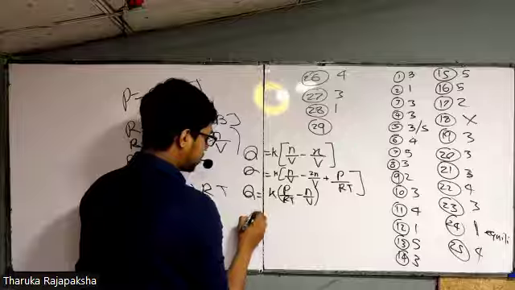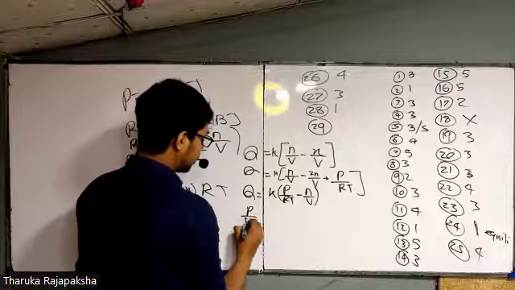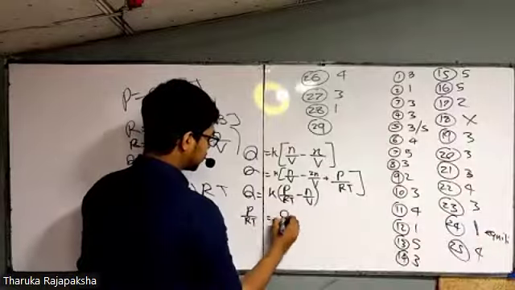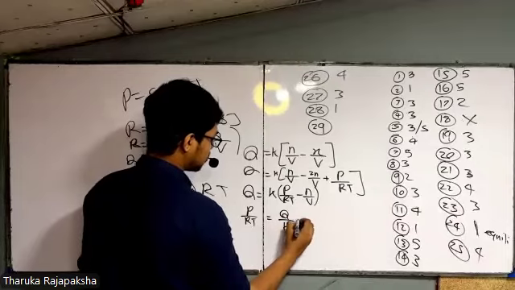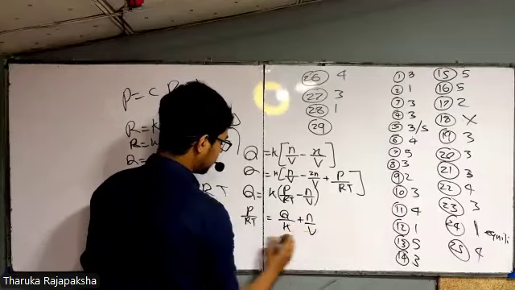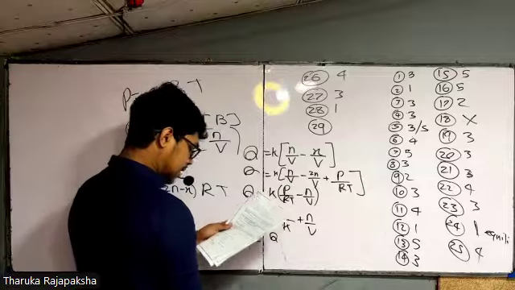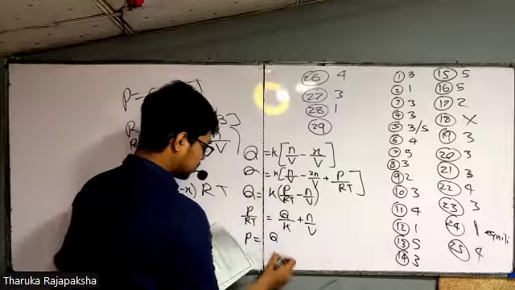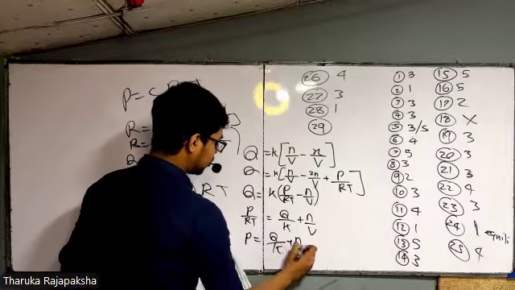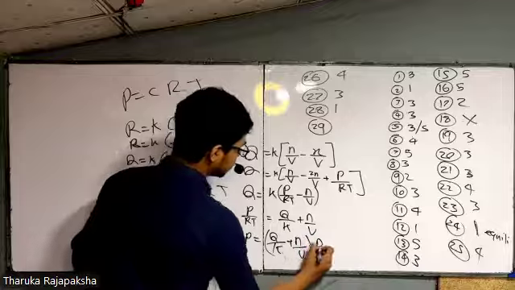So we have to subject P out of this. P over RT is equal to Q over K plus N over V. P equals Q over K plus N over V multiplied by RT.